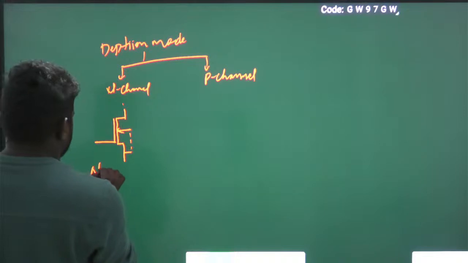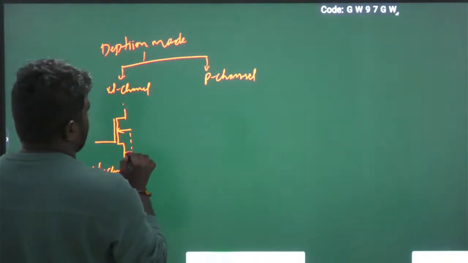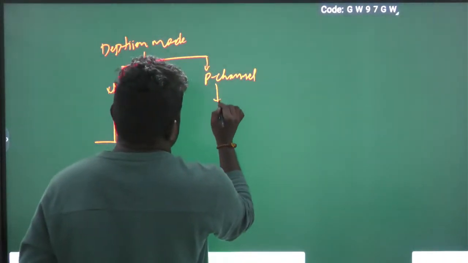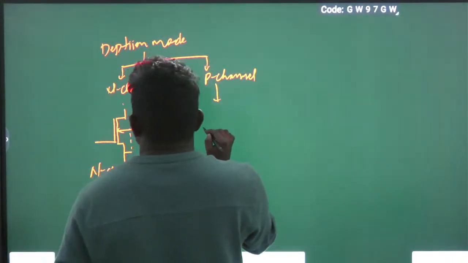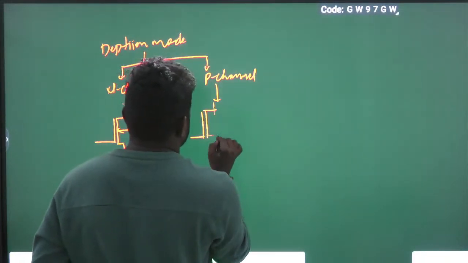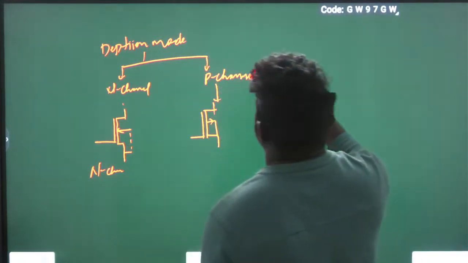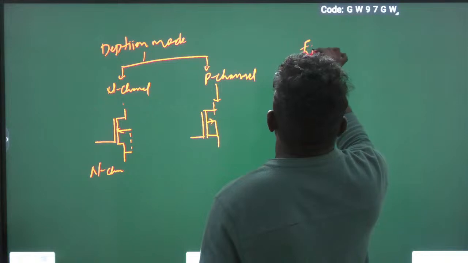This is the N channel and this is the P channel. Now enhancement mode.